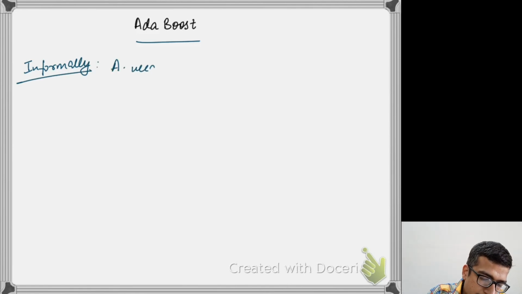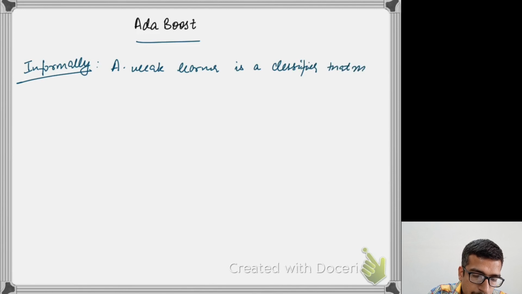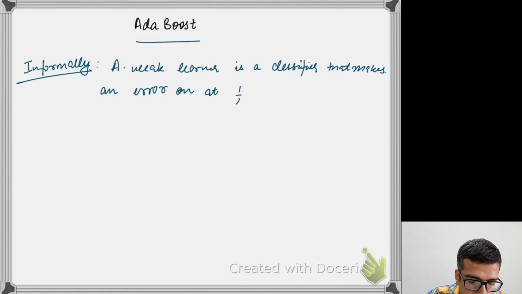So first let's define a notion of weak learner. More informally, a weak learner is a classifier that makes an error on at most a half minus gamma fraction of training examples.